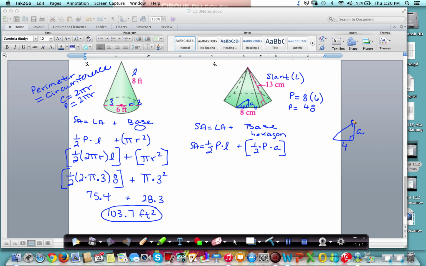I just need to get my angle. Remember, to get my angle, I do 360 divided by the number of sides. So 360 divided by 6 gives me 60. And 60 divided by 2 gives me 30. So this is a 30-degree angle, which means that I can deal with a 30, 60, 90.